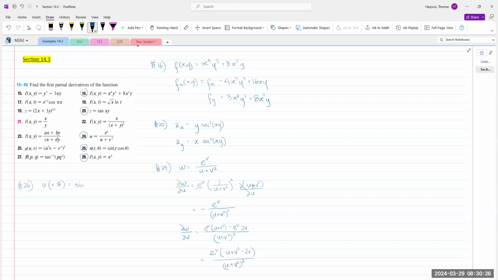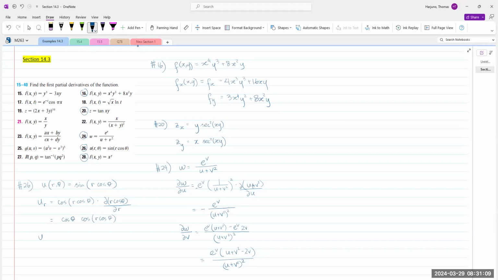Number 26, that u equals sine of, that's a compound function, sine of r cosine theta. So the partial with respect to r will be cosine of r cosine theta times the partial of r cosine theta with respect to r. Is that right? Okay, which will be just cosine theta times cosine of r cosine theta.